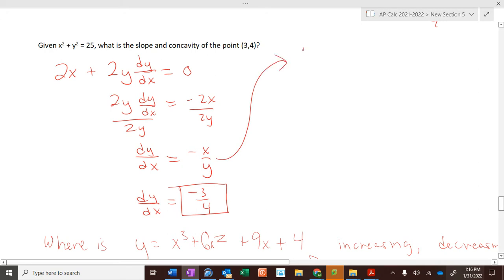Second derivative, d2y over dx squared equals, what do we have to do? It's a fraction. Quotient rule.